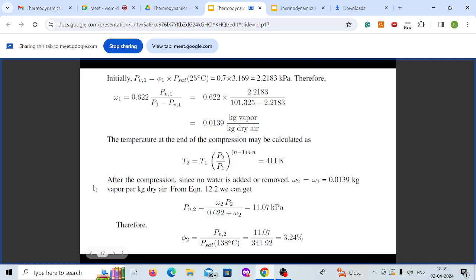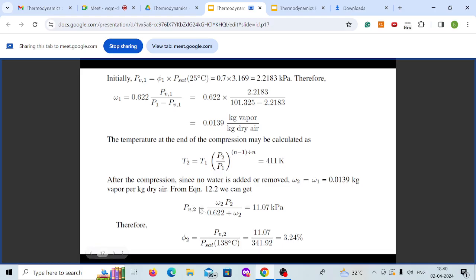Now after the compression, because no water has been added, your specific humidity will be equal, so omega 2 is equal to omega 1. Now using the above equation with respect to specific humidity, we can find out the vapor pressure at state 2.